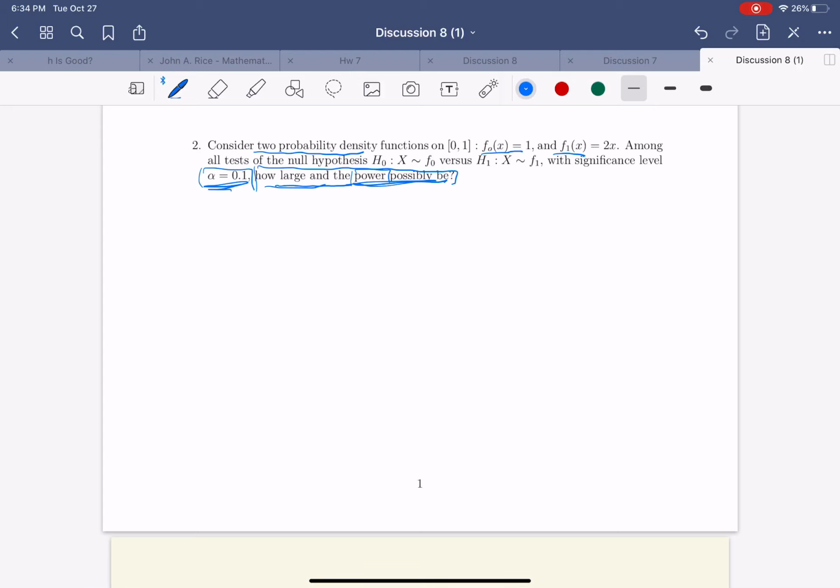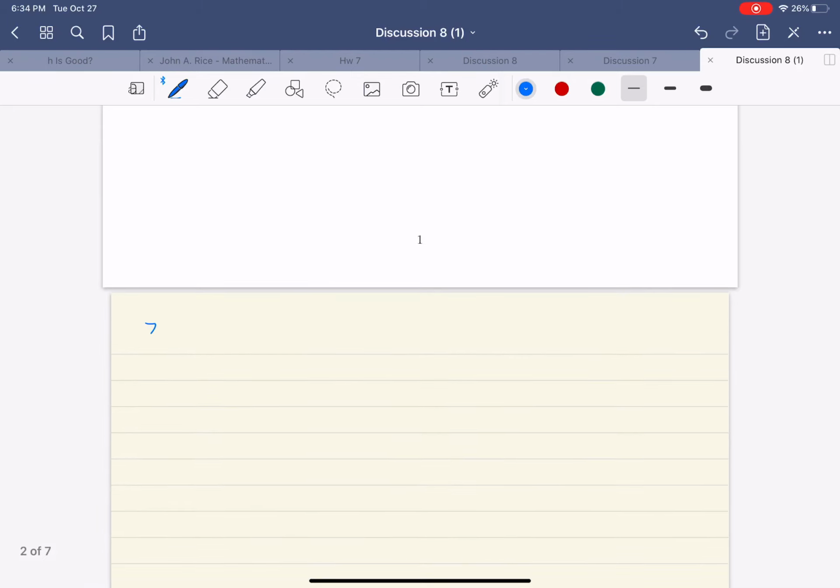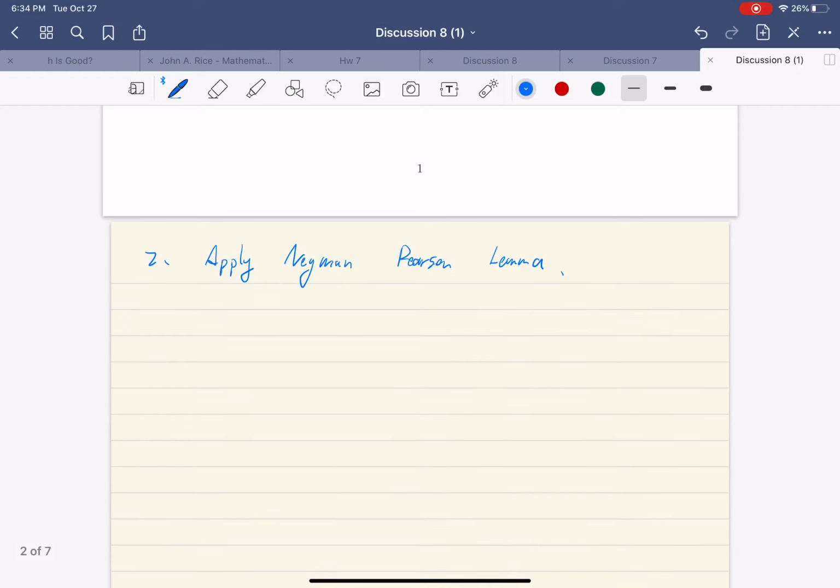So in this kind of problem, we have to apply the Neyman-Pearson lemma. The Neyman-Pearson lemma says the likelihood ratio test is the UMP test, the most powerful test, if the null and alternative are both simple.